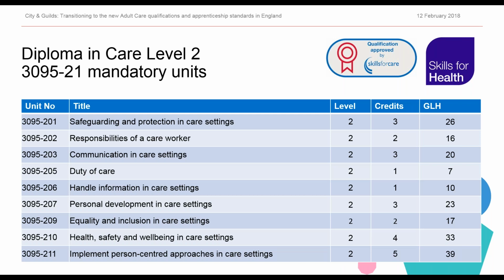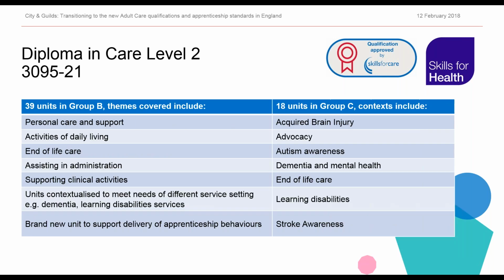Here's some more detail about what the mandatory units contain, and you'll see from the titles there's nothing really different at all to what we've been used to in the health and social care diplomas. As far as the units go that are optional, I've grouped these into themes, so please don't think that we've only got a dozen or so optional units.